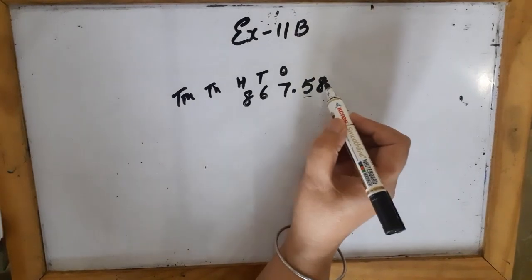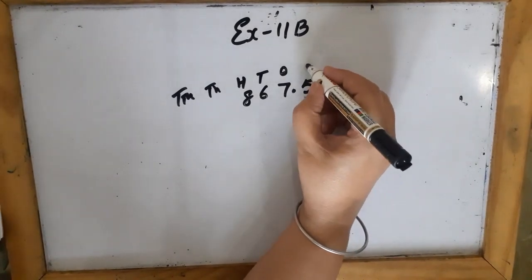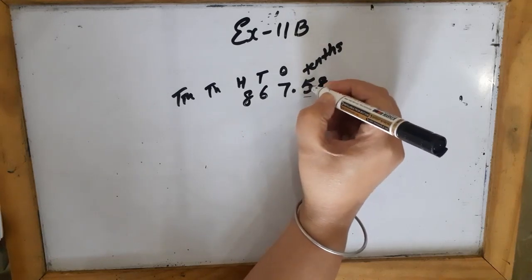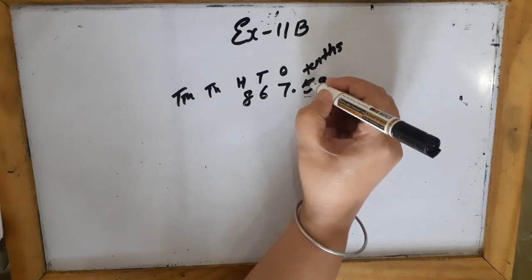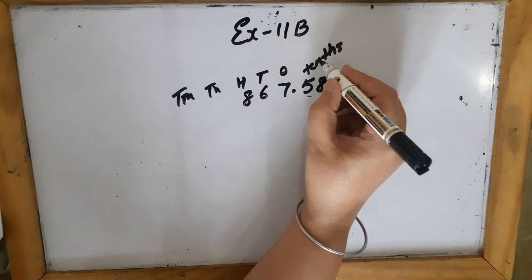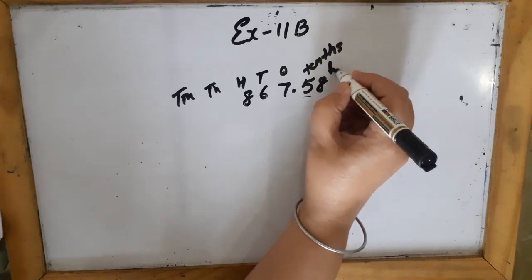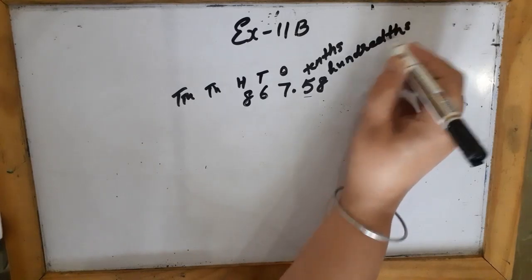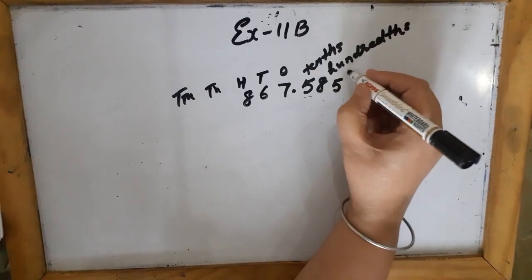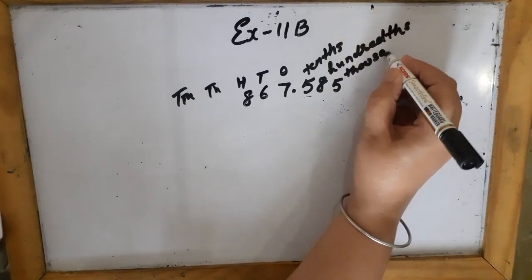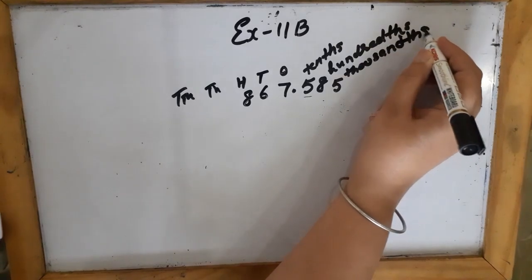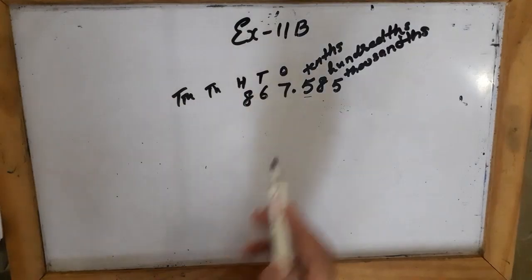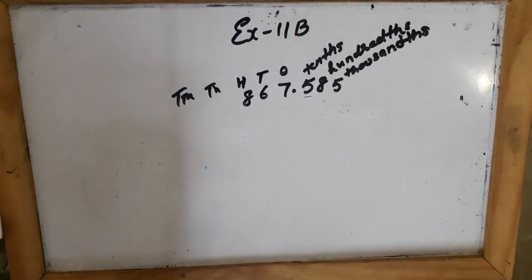But after the decimal, we have the place values tenths. The first digit immediately after the point has the place value of tenths, then hundredths. If one more digit is there, it has the place value thousandths. So tenths, hundredths and thousandths are the place values after the decimal.